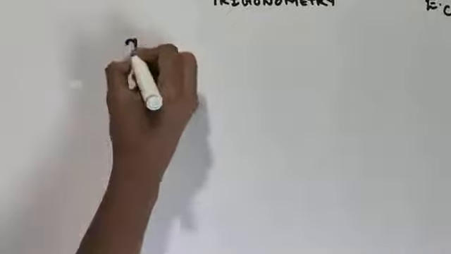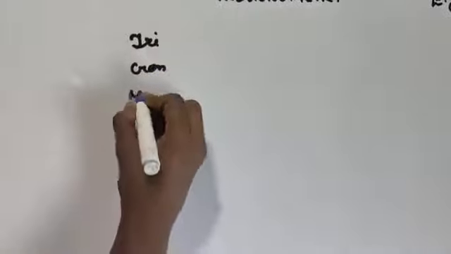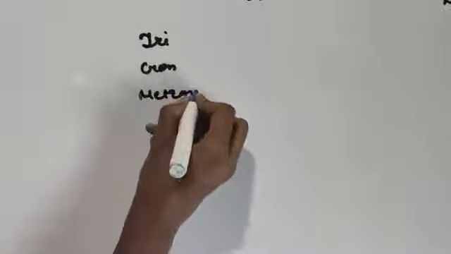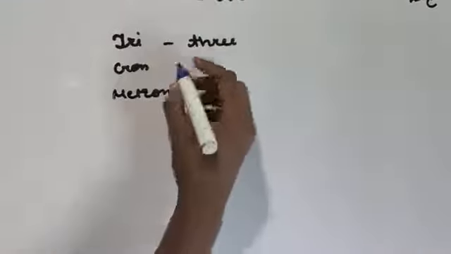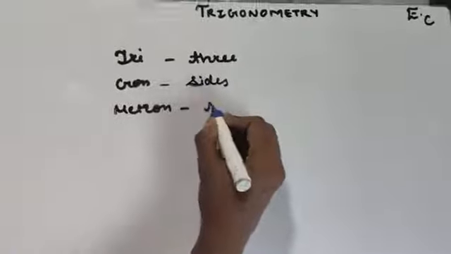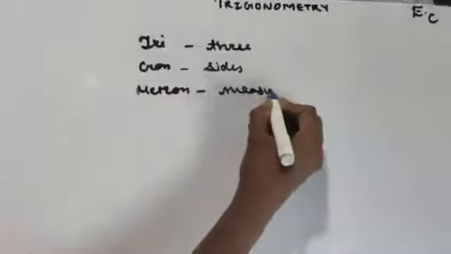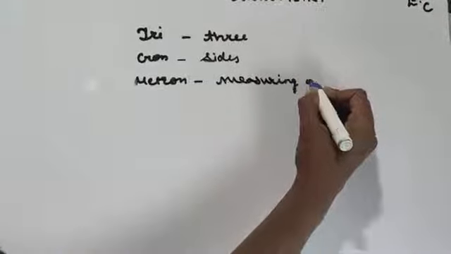Trigonometry is derived from three Greek words: tri, gon, and metron, where tri means three, gon means sides, and metron means measuring these sides, or you can simply say measurement.